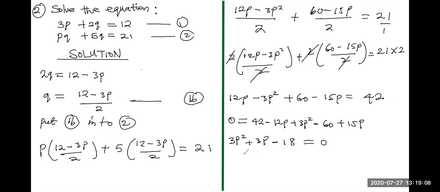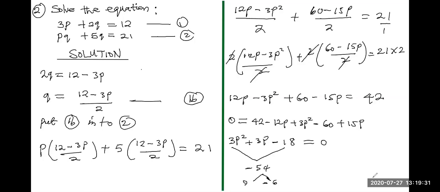3 times minus 18 is going to give us minus 54. Factors of that will give us 9 and 6. That's minus 54. And we can use 9 and minus 6 to replace what we're going to solve here. So the two factors we use are 9 and minus 6.